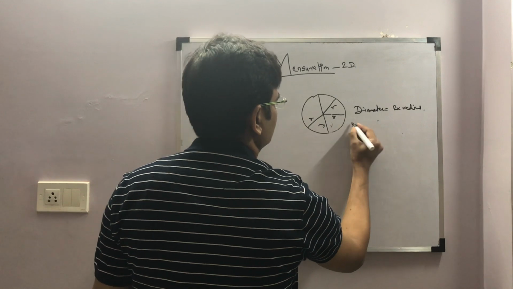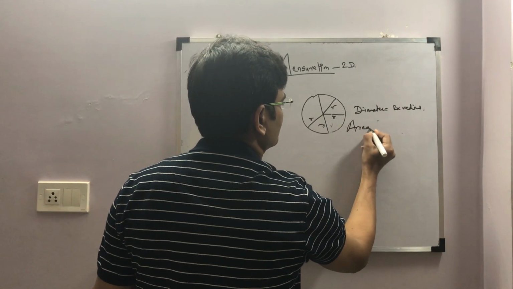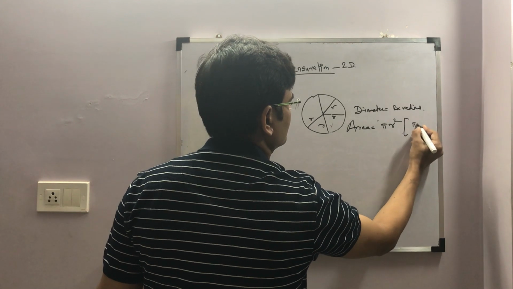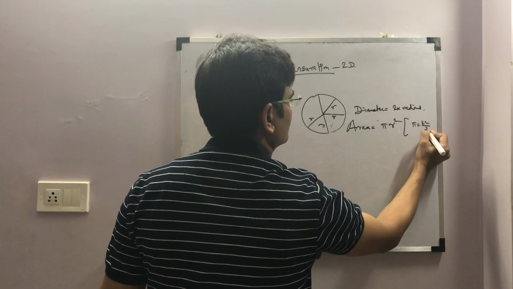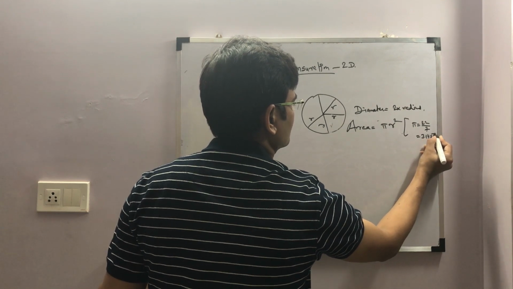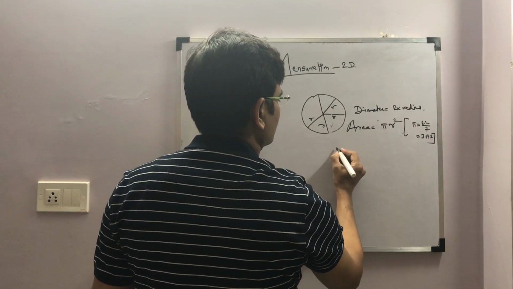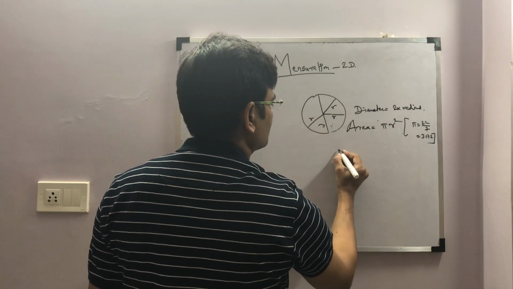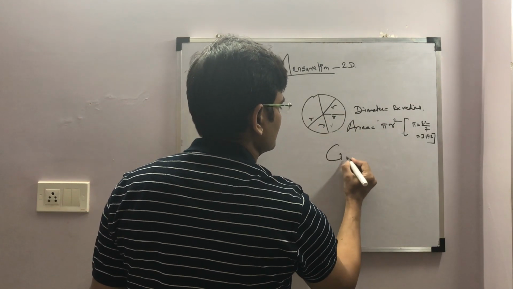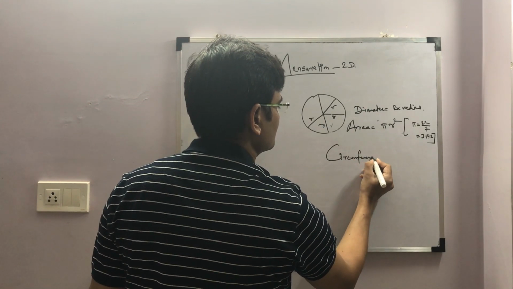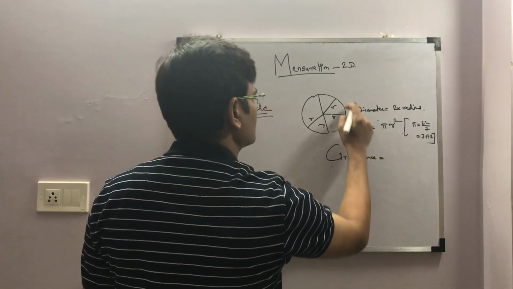And the rest is very simple. Area equal to pi r square, where pi is equal to 22 by 7, or you can also take 3.142, and that is the area. And what is the perimeter, which is known as circumference? A special word that is used. Circumference means perimeter, the outer length.